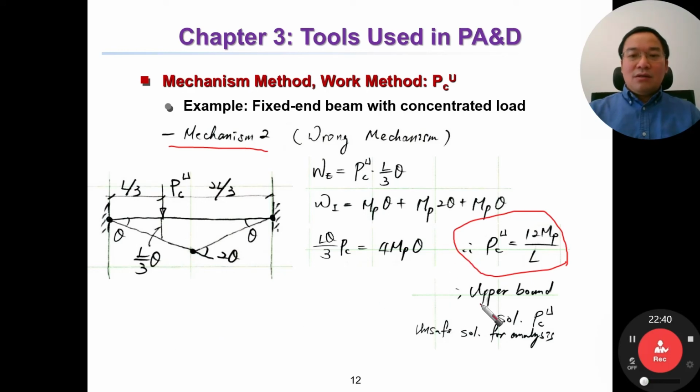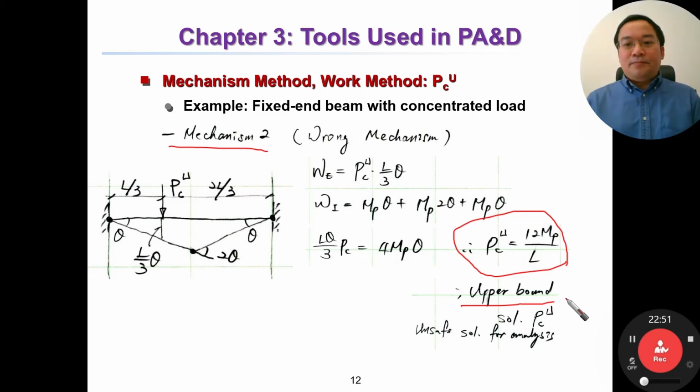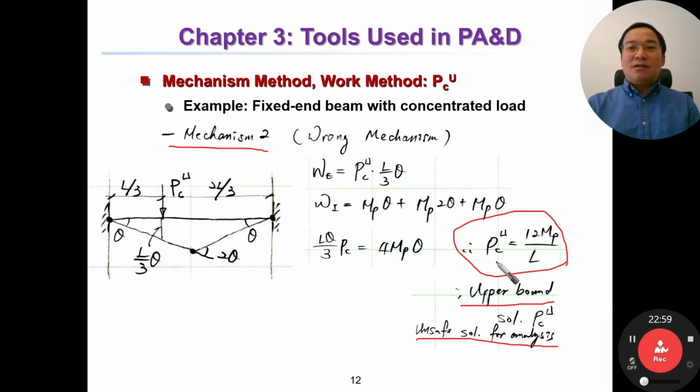This is the upper bound solution, or it is an unsafe solution for analysis.